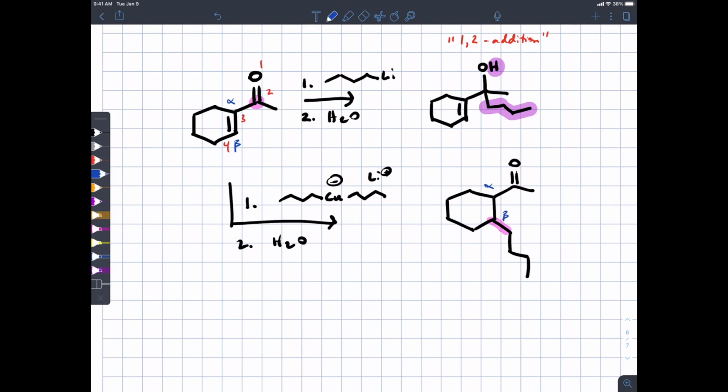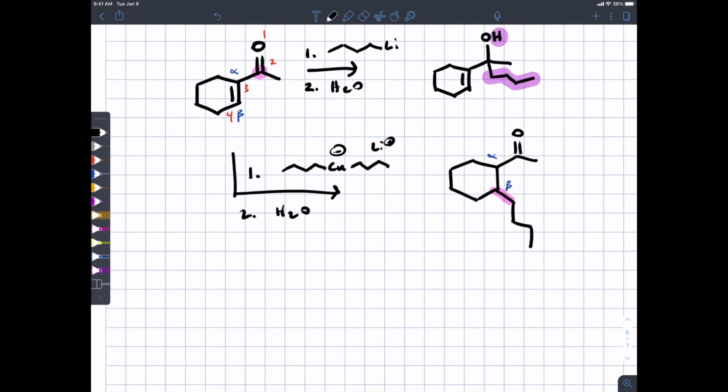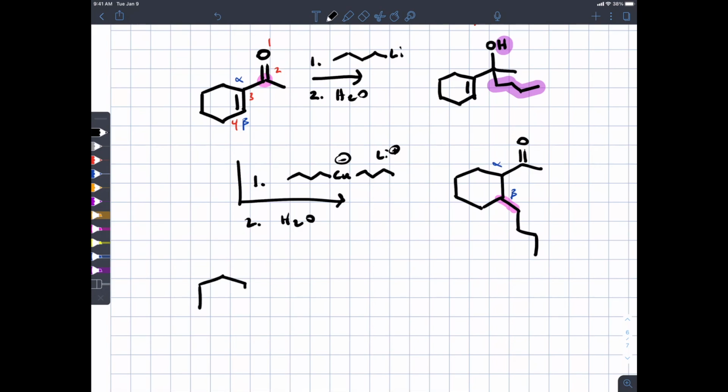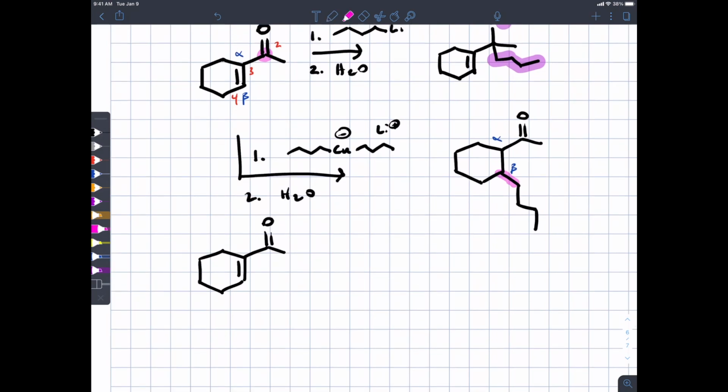Now, how does that mechanism occur? Maybe one more minute, so we'll get started on it and probably need to review it next time. Well, as I told you, some of the LUMO is out on this beta carbon for reasons that you can accept on faith, or if you want to know more, you can come talk to me. So we can attack the LUMO here and make a new carbon-carbon bond. If we stop there, we'd have too many bonds to carbon, right? So we have to break this carbon-oxygen pi bond.